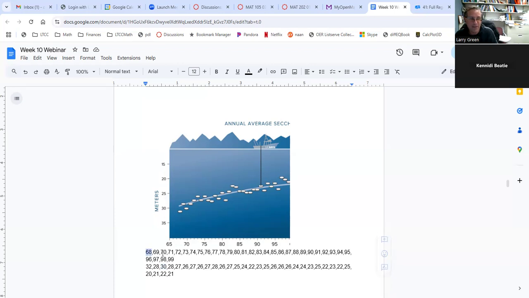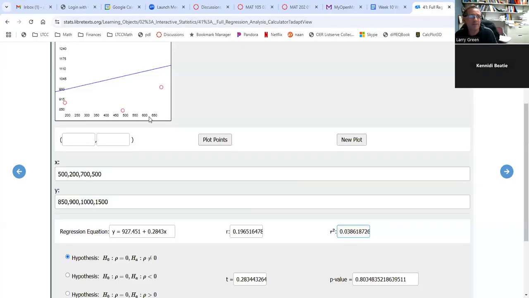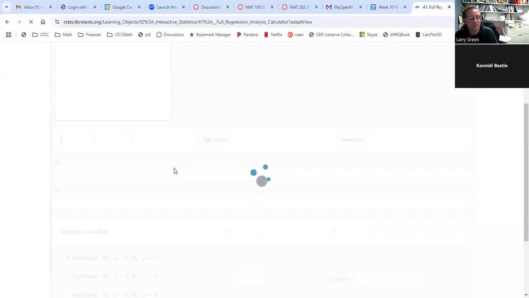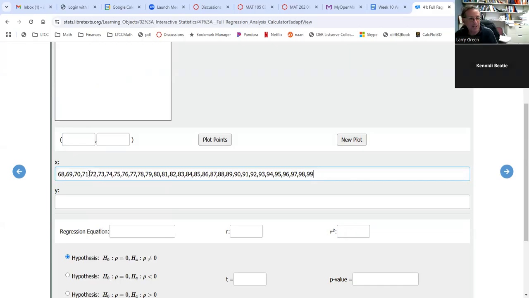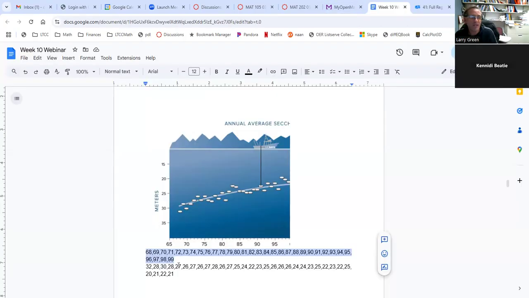Yes. So we could do the same thing. And let's do that. It might help to just refresh; sometimes that's better. And pop the X values in and pop the Y values in.